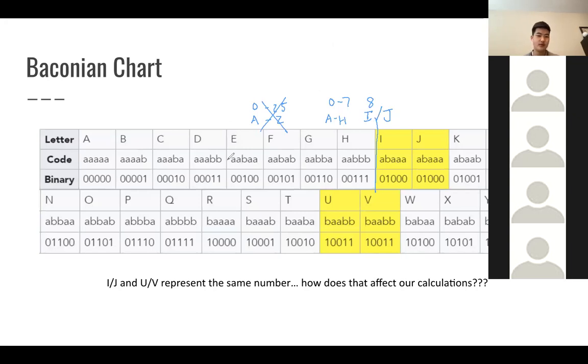So for example, what you see right here, A's and B's, basically A's mean zeros and B's mean ones. It's just a different way to think of it. So this is what 8 looks like. It can be I or J. It's completely your choice, depending on the situation and what makes sense.